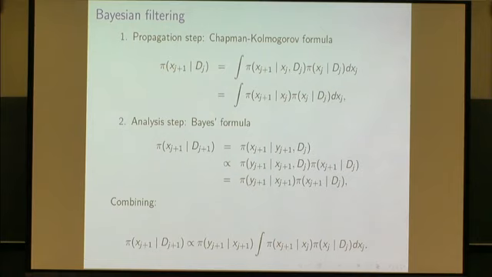I'm going to write the standard formulas here. The posterior of x_j given d_j is expressed in this form, where we are marginalizing, integrating over x_j. Then we get into the analysis step, and that's where Bayes' formula starts showing up.